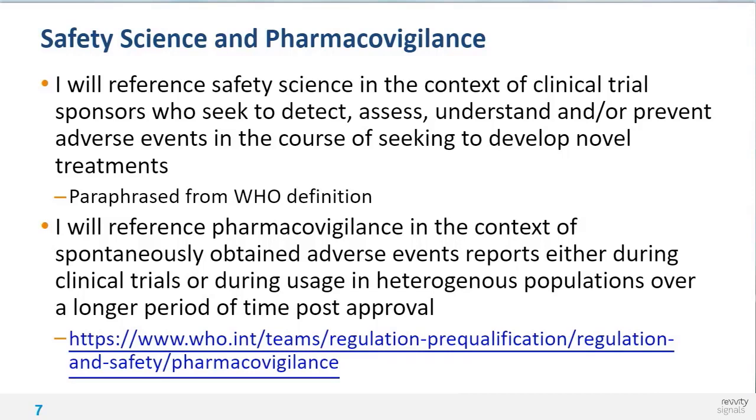So I'd like to start by defining the title terms, safety science versus pharmacovigilance. The terms are loosely the same thing, but in the course of this talk, I'm going to reference safety science as the work by clinical trial sponsors who are looking at the safety data that's emerging from one or more clinical trials in trying to discover new treatments.